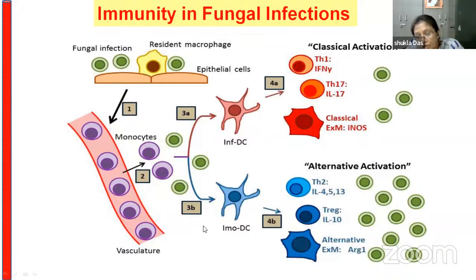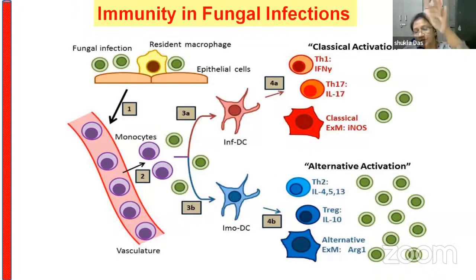Whereas the immunomodulatory dendritic cells have a different kind of activity. They are the ones which are bringing down the inflammation. So their role is to bring a balance. If immunomodulatory dendritic cells become haywire, suppose they become excessive in nature, then the fungi get a chance to persist.